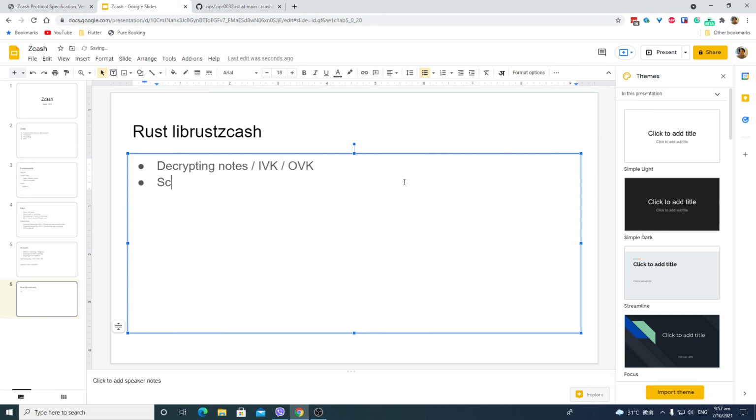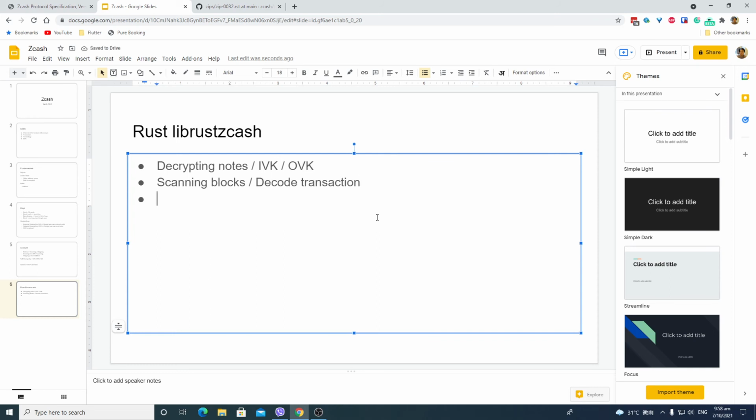You have something about scanning blocks. Scanning blocks means you are able to decode transactions. I'm not saying decrypting, because decoding just means you're taking them apart. It's still going to be encrypted. Just structurally speaking, you can see the elements of a transaction.